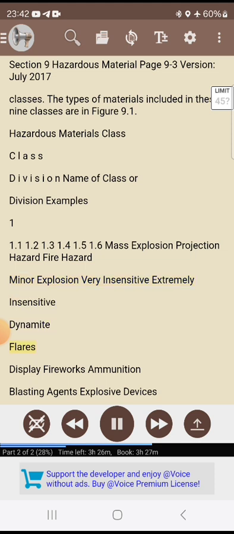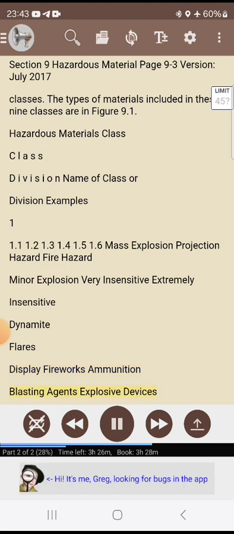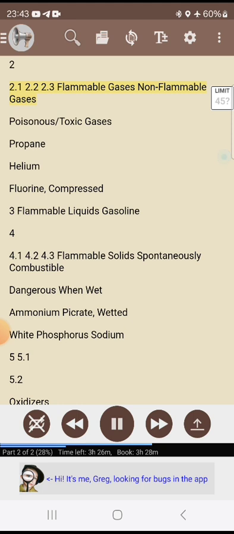Examples: dynamite, flares, display fireworks, ammunition, blasting agents, explosive devices. Class 2, divisions 2.1, 2.2: flammable gases, non-flammable gases, poisonous toxic gases. Examples: propane, helium, fluorine, compressed. Class 3: flammable liquids, gasoline.